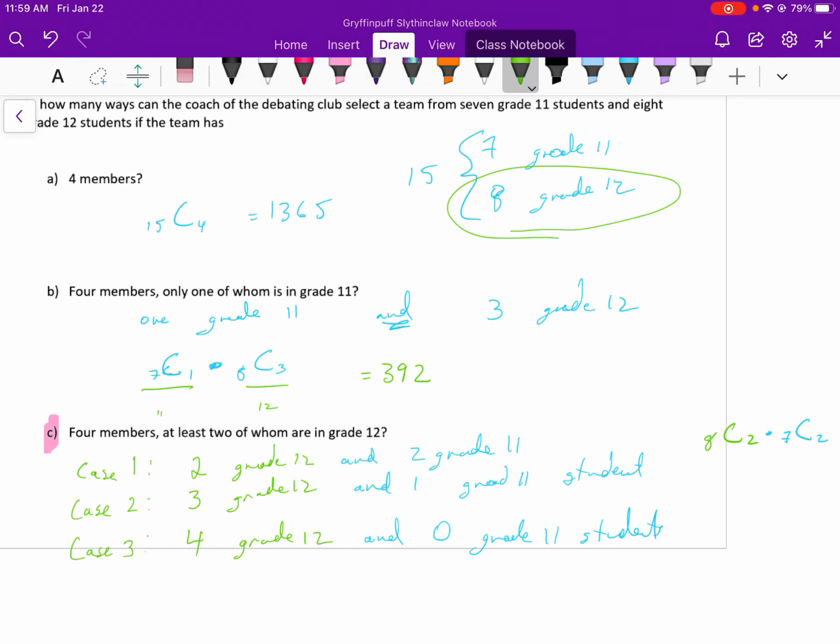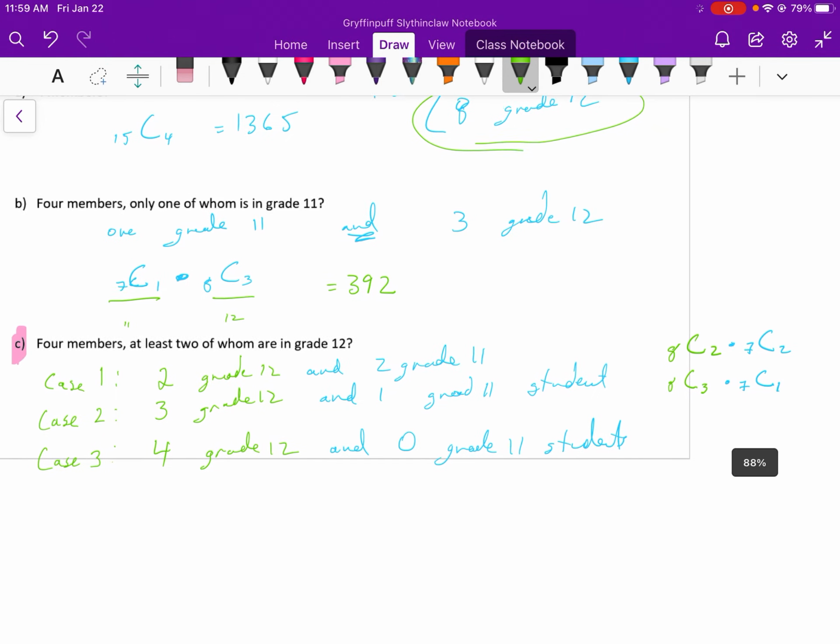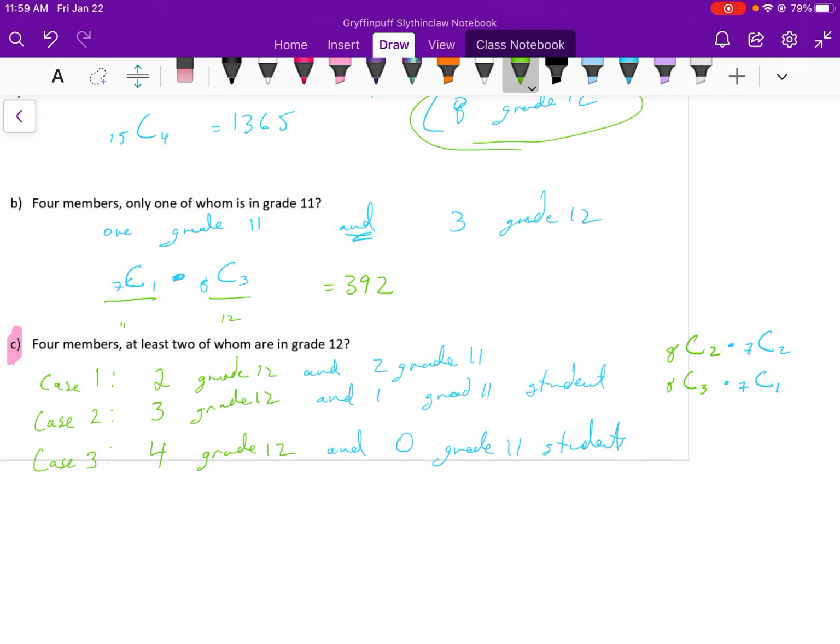In case number 2, out of 8 grade 12 students, I'm going to choose 3. And then out of grade 11 students, there's 7 of them, I'm going to choose 1. Now, my case 3, out of 8, I'm going to choose 4 times 7 choose 0. Choosing 0 students.